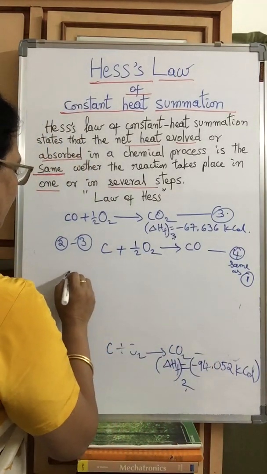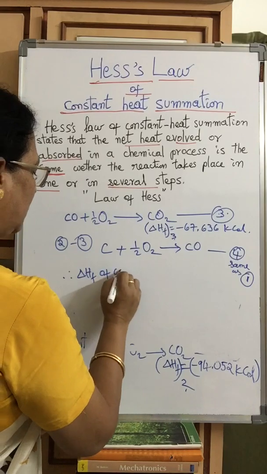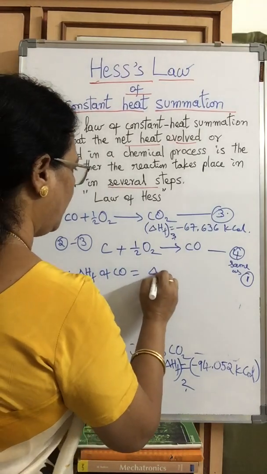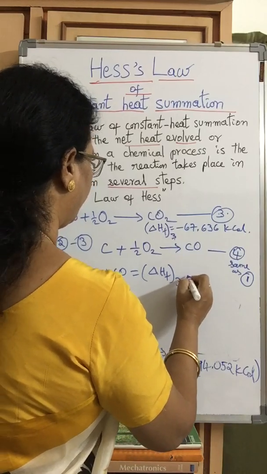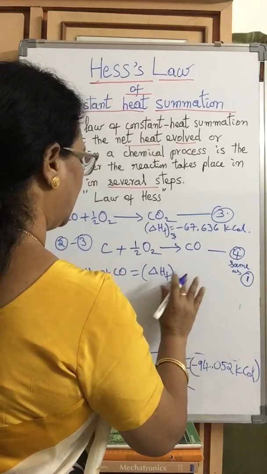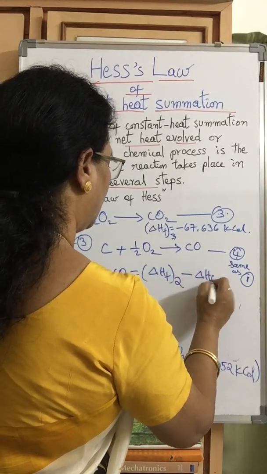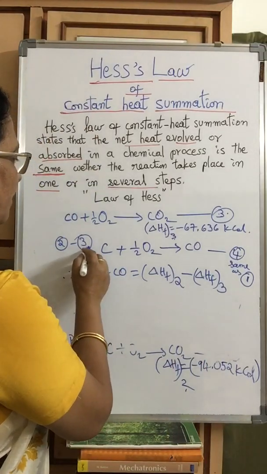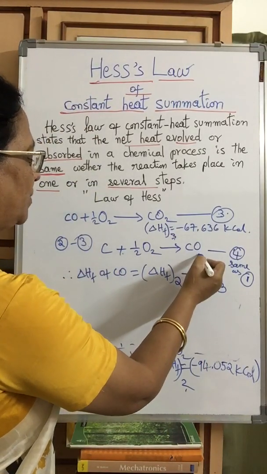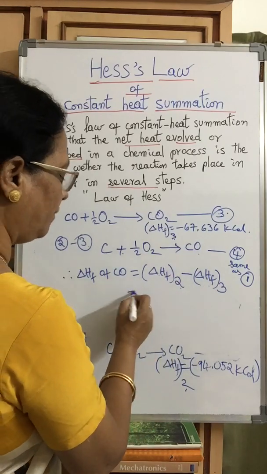Therefore, delta HF of CO is equal to delta HF of 2 minus delta HF of 3. We do 2 minus 3 to get this equation.